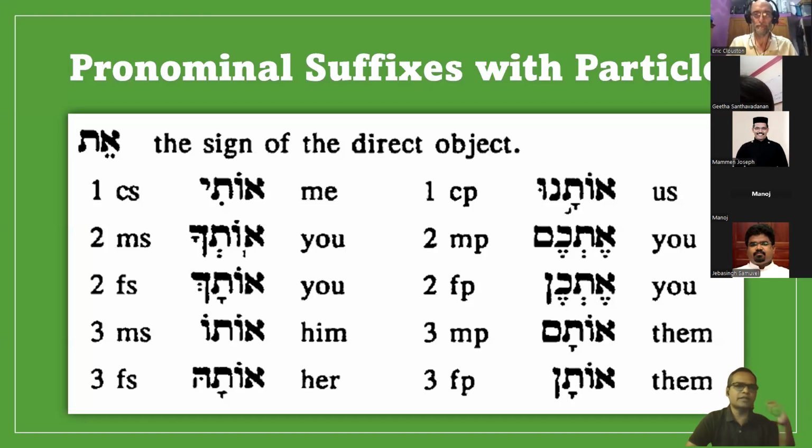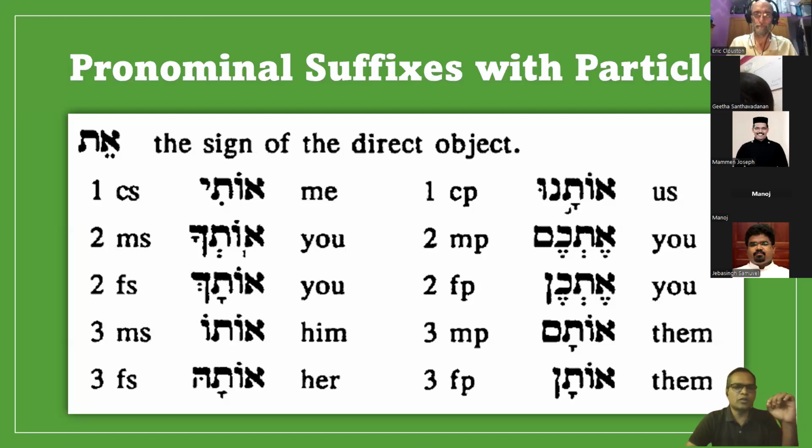In most places you will see this et; in some places you will not. So when you see the et, you can understand that immediately after et, you will see the object. So it enables us to understand that the object is placed here.